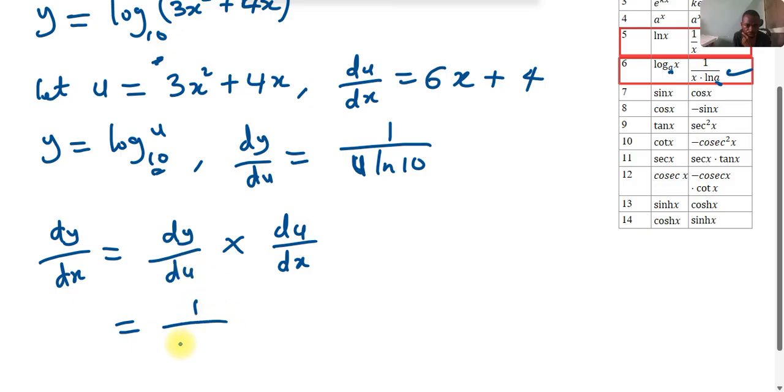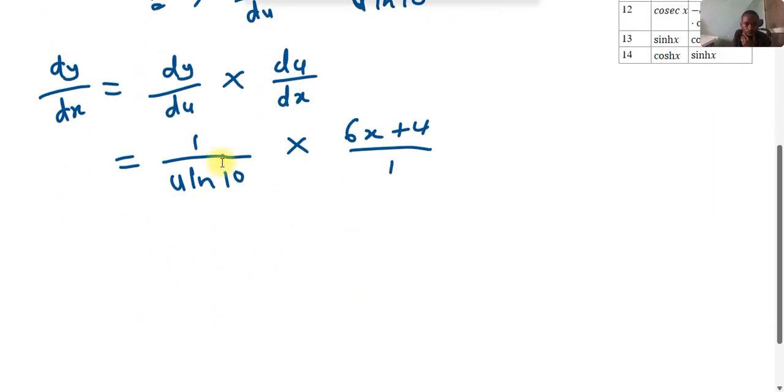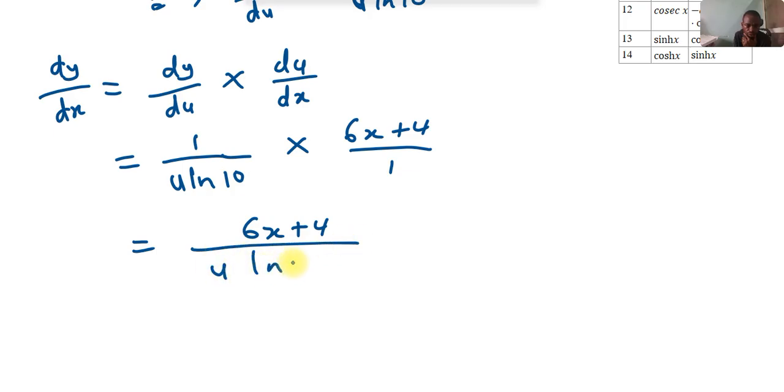We have 1 over u in 10, multiplied by du/dx, which is 6x plus 4 over 1. So if you multiply, you have 6x plus 4 all over u in 10.